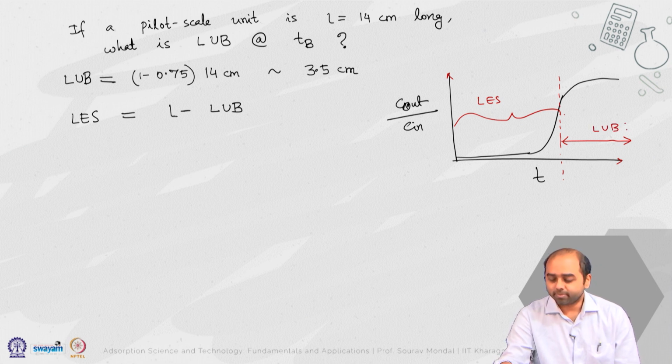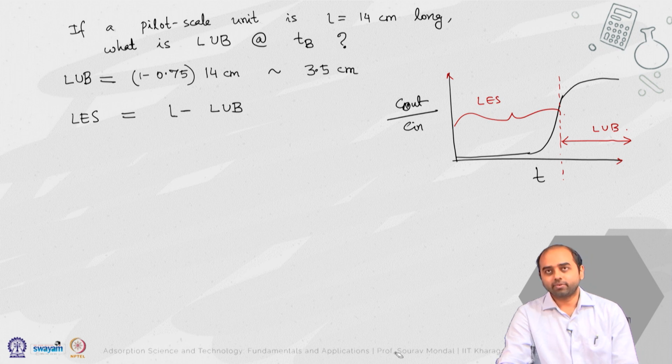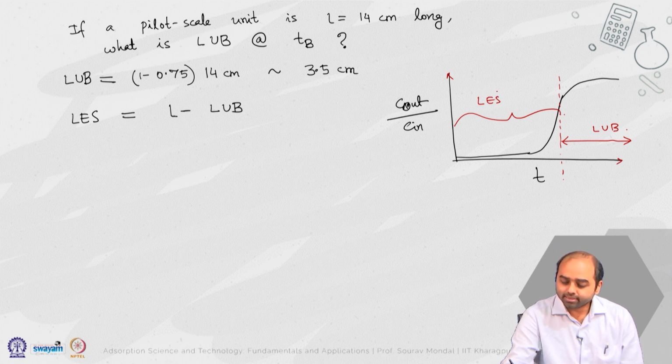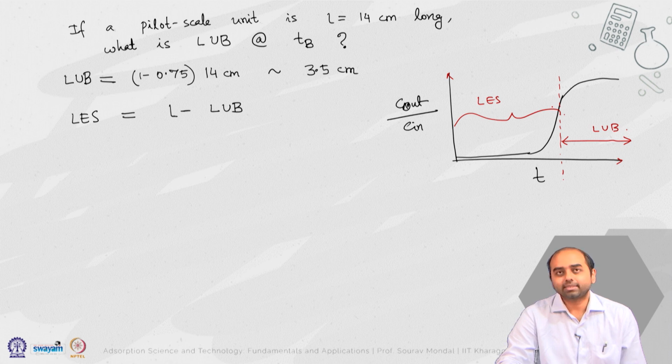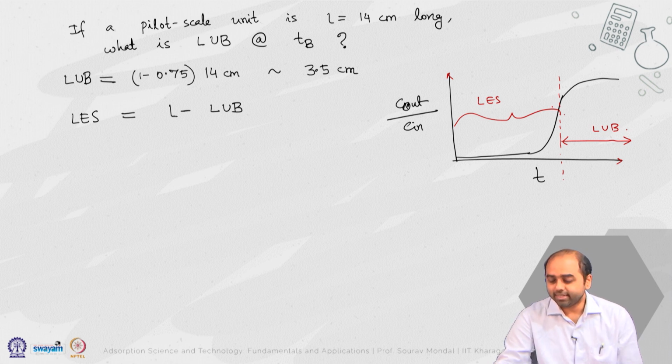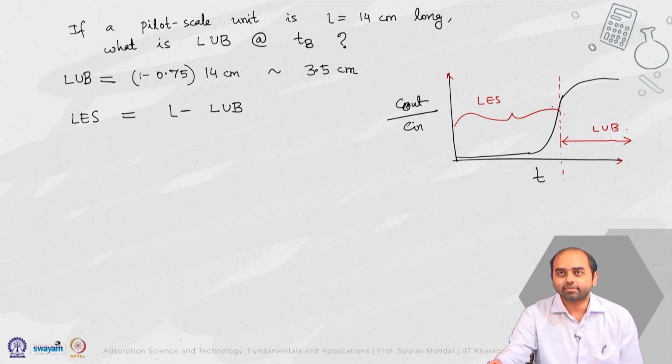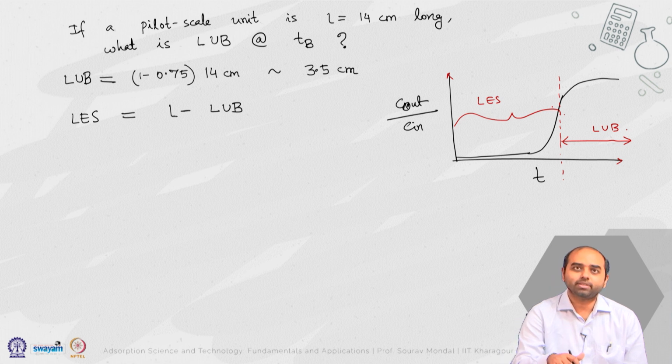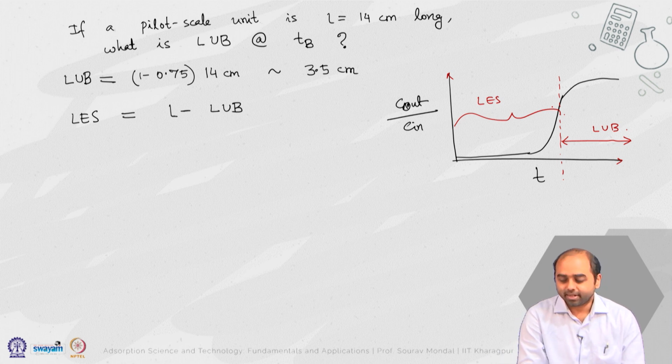Of course this diagram is not with respect to x but with respect to time, but in this period whatever capacity is utilized represents the fraction of the bed which is already utilized, and whatever is unutilized can be worked out from this breakthrough analysis of the curve that we have seen in the previous slide.